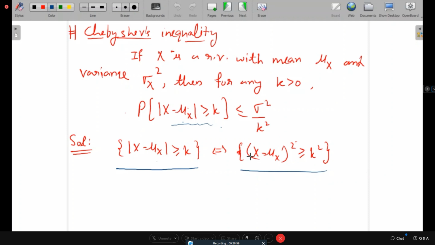So you can certainly apply Markov's inequality here. k is also a positive number.